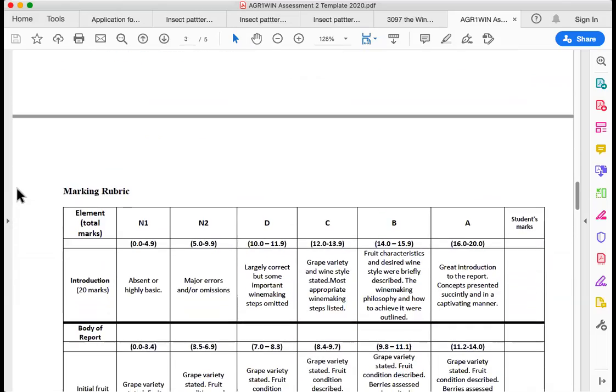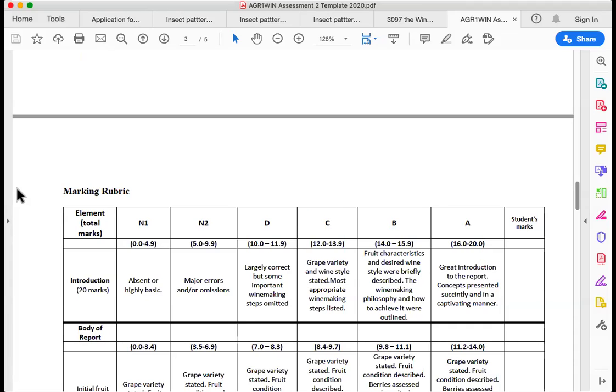So introduction to start off with. I guess it's being written up as a practical report. So I guess to start off with, you want to outline some of your broad aims for the project, some of your broad aims for the wine style you're trying to achieve, and perhaps introduce some of your initial thoughts on the fruit selection as well.